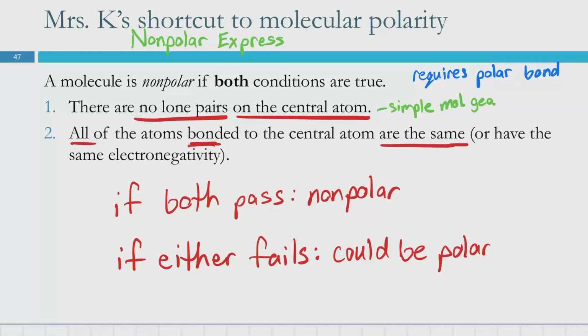Those are all perfectly evenly spaced out. So the vector arrows that we would draw are all nicely, perfectly evenly spaced out. If the arrows are all the same size, then they all cancel out, and it's nice. So that's why this nonpolar express works.